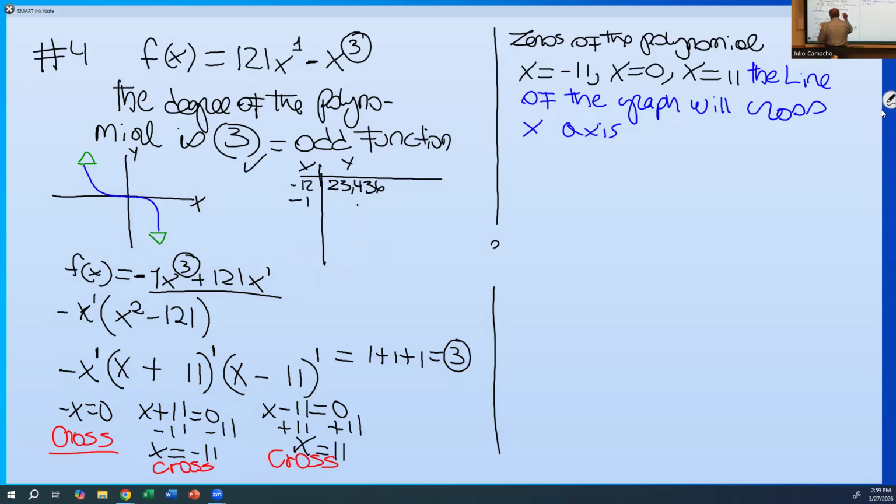When it's negative 1, y will be 138. And then when it's 0, y will be 0. When it's 1, it will be 192. When it's 3, that doesn't make sense.